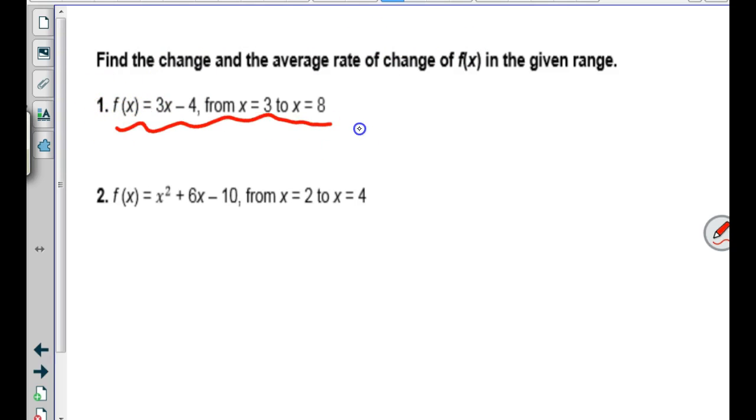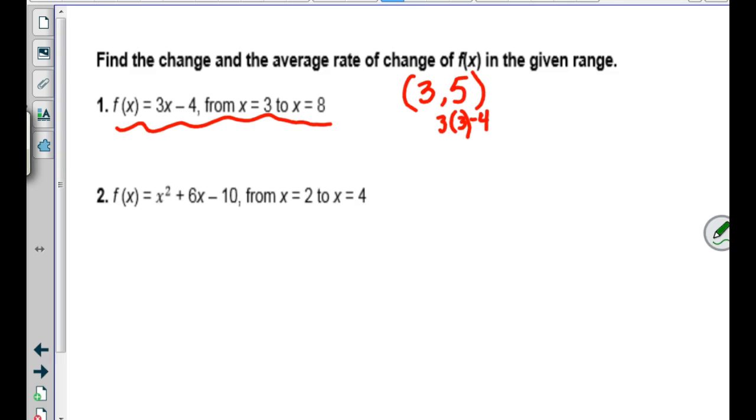Okay, any ideas how we start? X equals 3, what are we going to do with that? Plug it in. So I'm looking for an ordered pair starting with 3. So I plug it in here and I get 3 times 3 minus 4, which is 5.